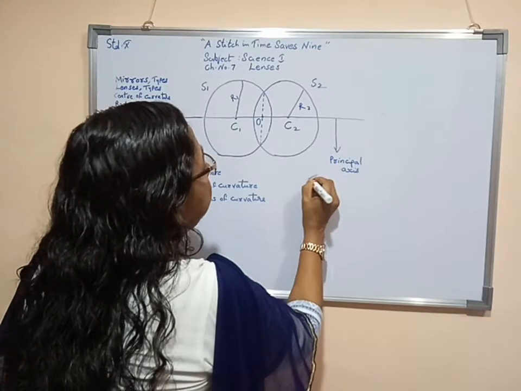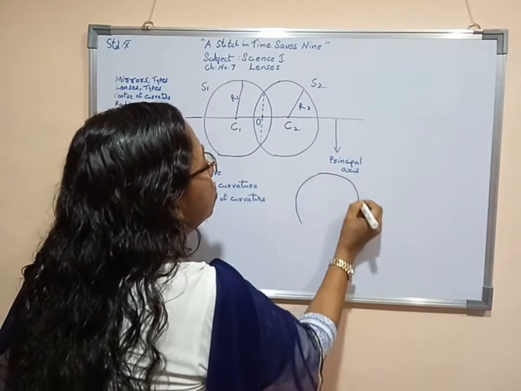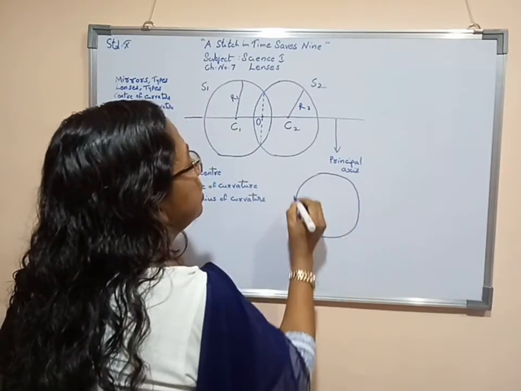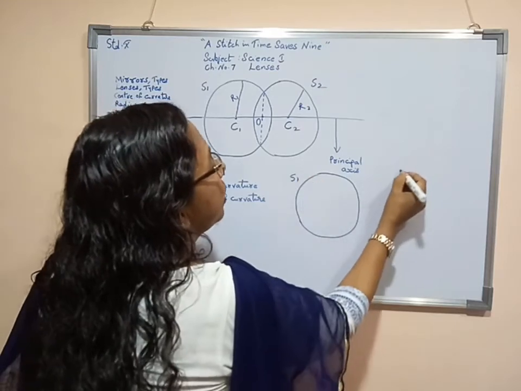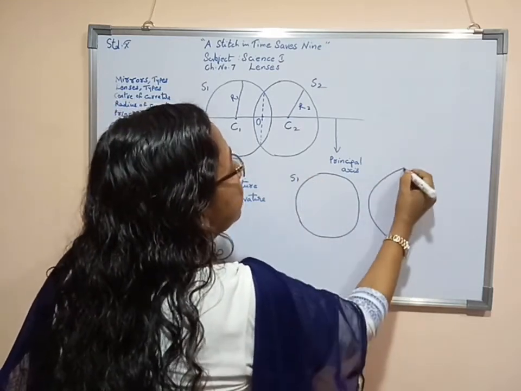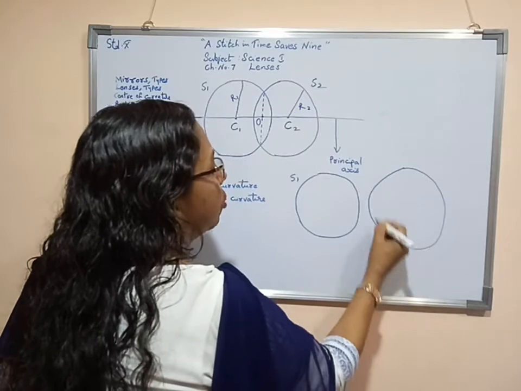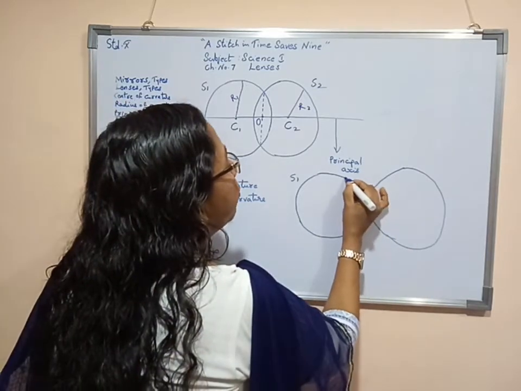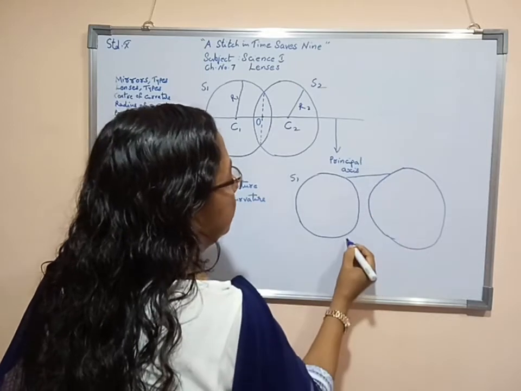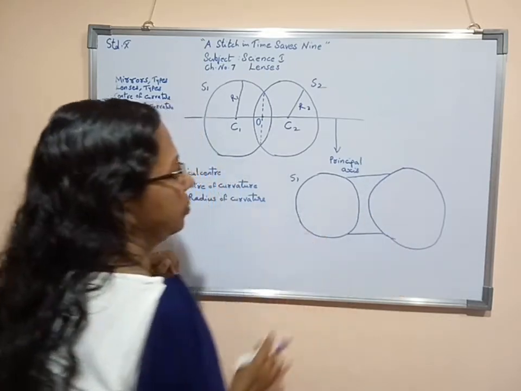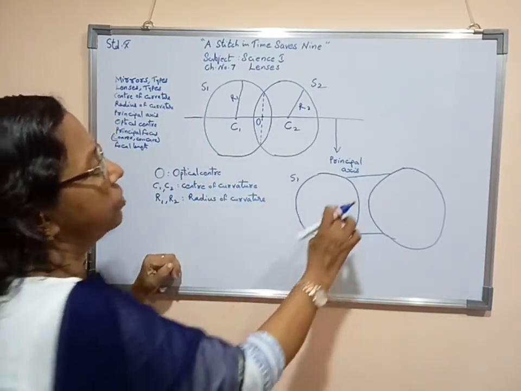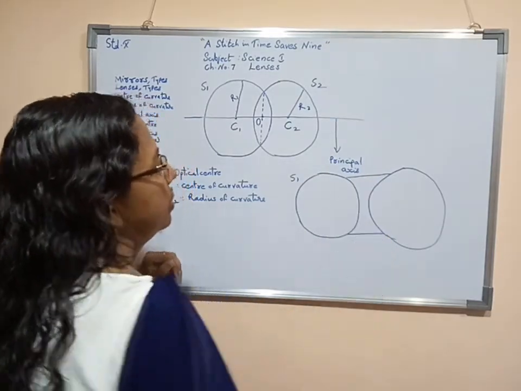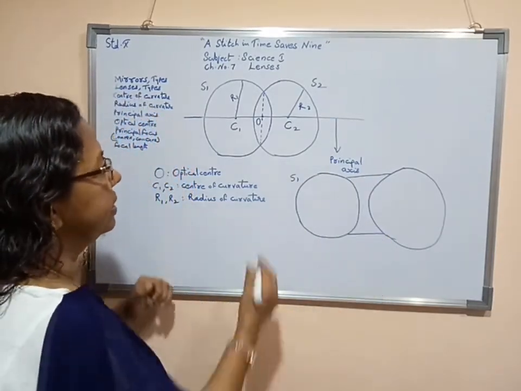For that again I am drawing two spheres. This is the S1 sphere, this is the S2 sphere, but both of them are not intersecting with each other. Now from here we have to draw a straight connection, and from here also. So we are going to get one concave lens.